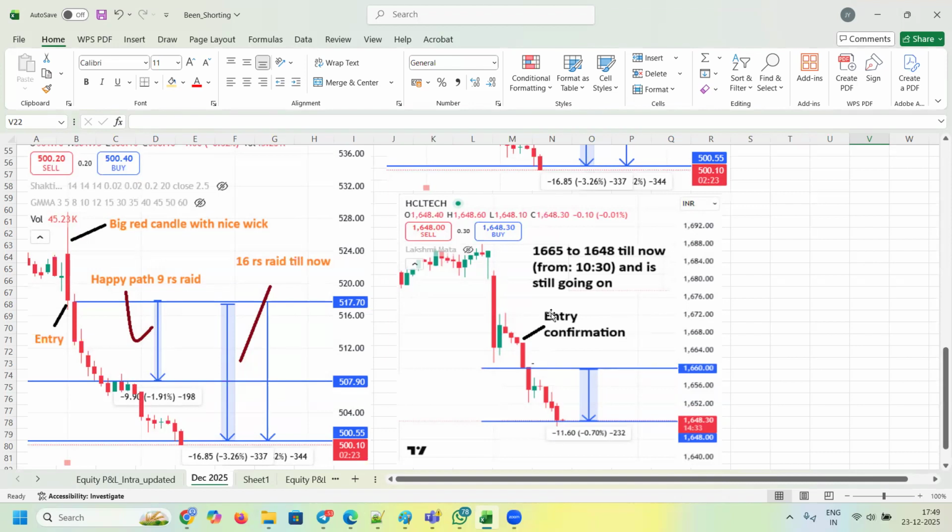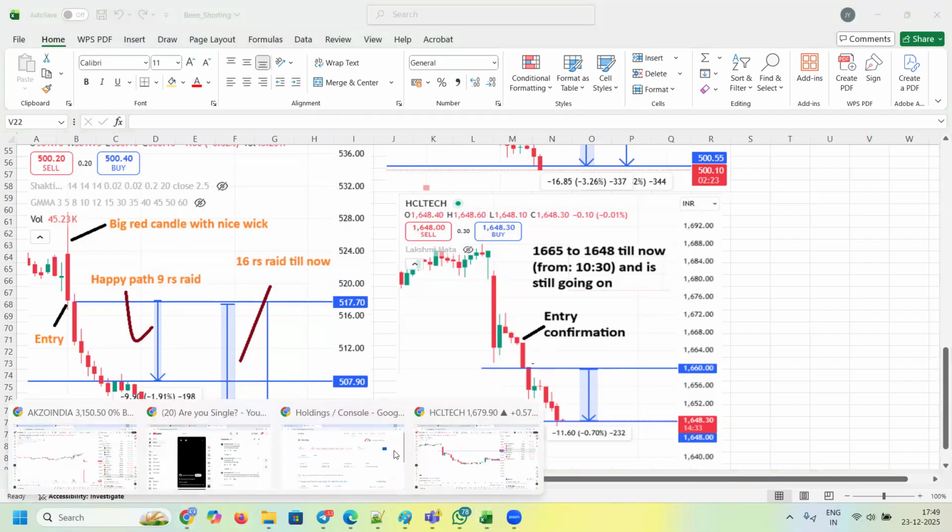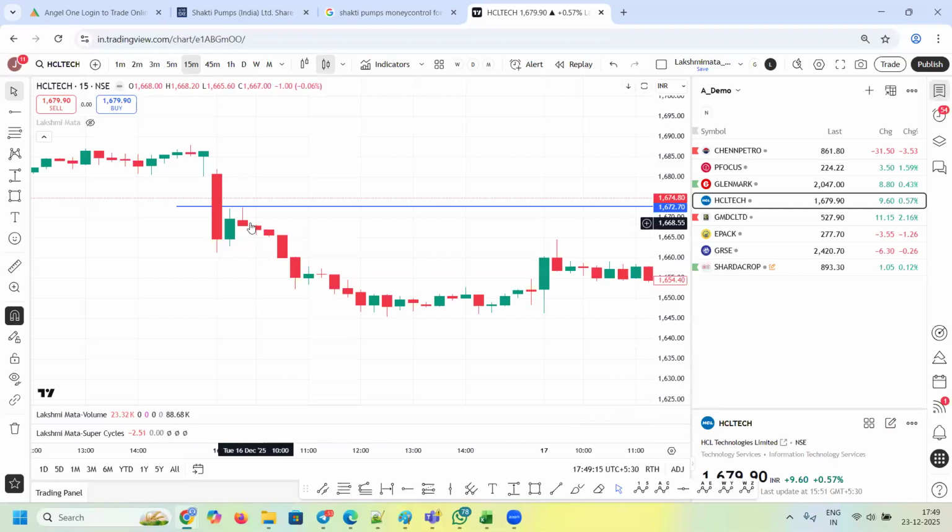I am not sure if you guys have seen this, whether it is in our group or another group. But I sent entry confirmation, which is here. So because the price didn't cross half of the red candle, there's a good chance it will go down, right, ma'am? Correct.